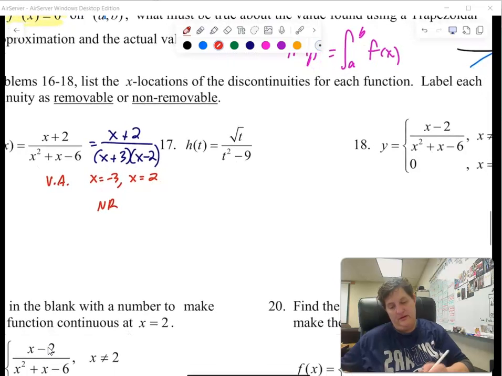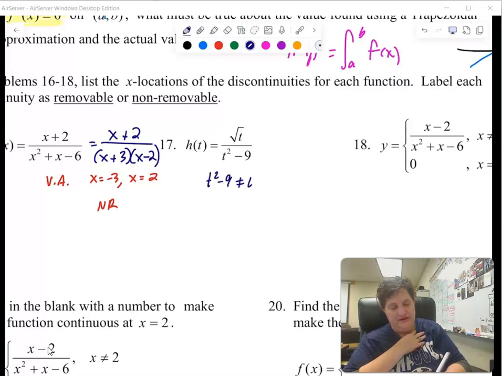Let's see here. Okay, for this one, saying that the bottom cannot be 0 is a little more tricky than just saying t squared minus 9 cannot be 0. So the idea is, if I factor it out, t plus 3, t minus 3, they all have to be numbers that are greater than 0 because, oh wait, no, that's not true. I was thinking that there was a square root on there.